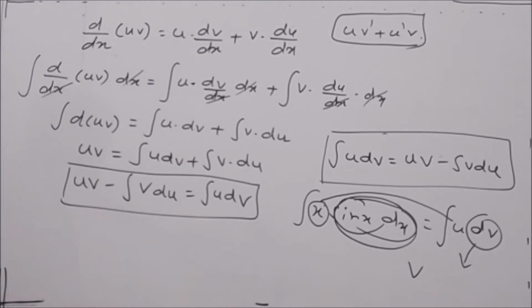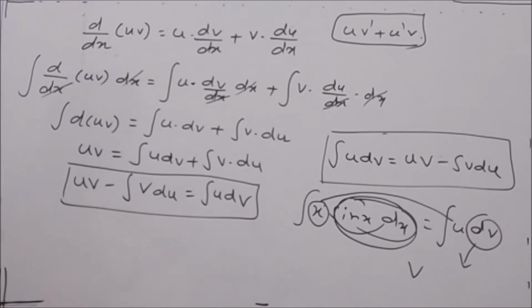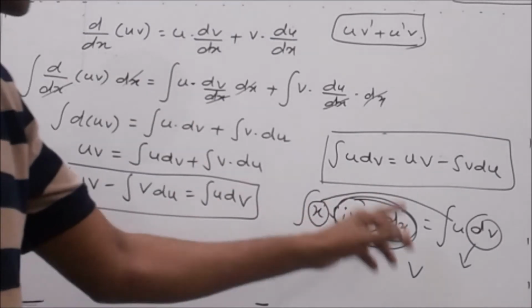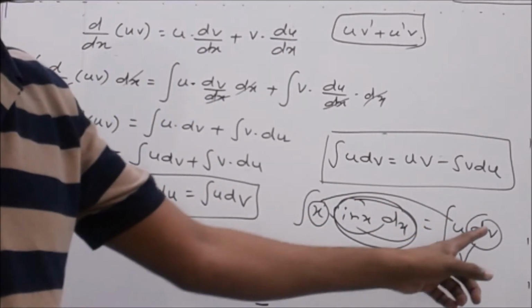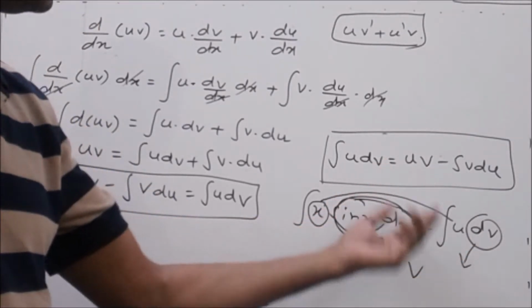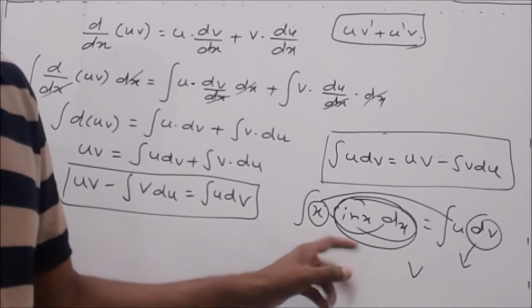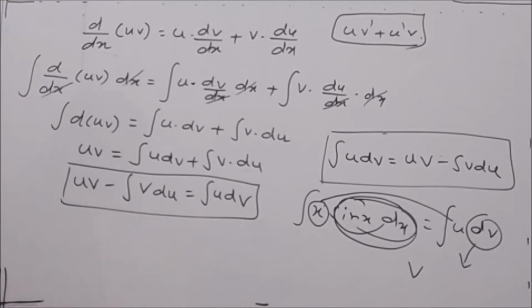So given the integral as a product of two functions, take one function as u and then take the remaining terms as dv. From this dv find v and then substitute in the formula, and you will easily get the answer. To choose u, we have some ideas. I'll clear that now. So this is the formula we are using in the integration by parts method.